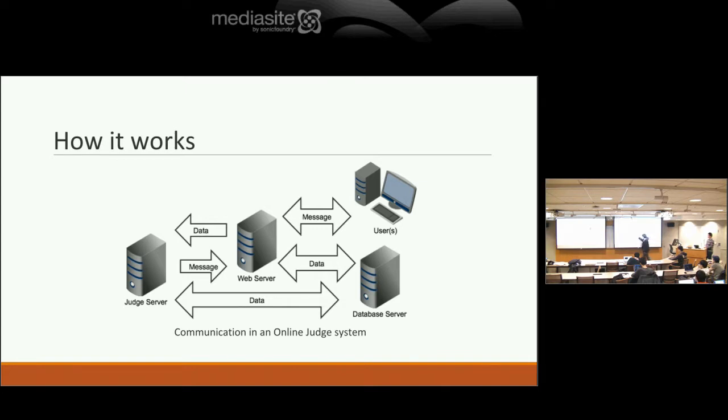The web server should also communicate with the judge server. The judge server and the database server communicate with each other. The database server sends the problems, the solutions, and everything else to the judge server, and the judge server sends back the results. Okay, this is a diagram for a typical online judge system.